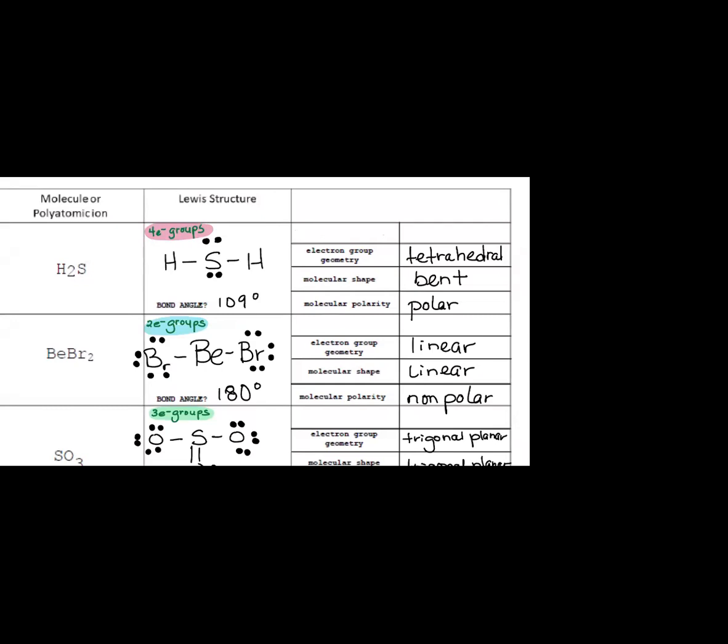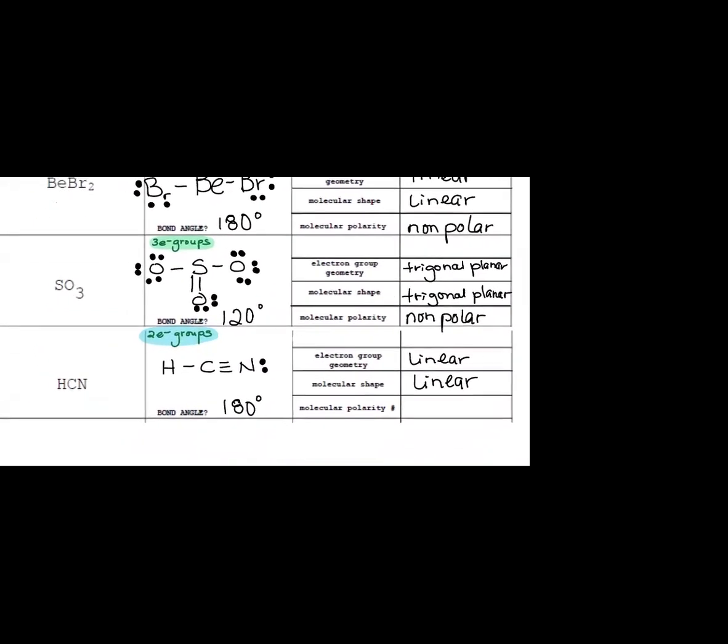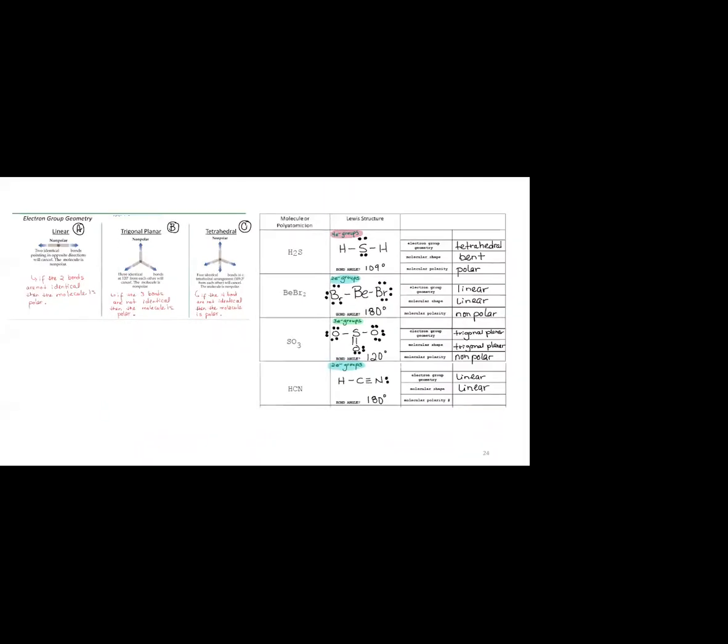Let's look at the last one, you guys. Okay? So based on the rules that we have gone over, what letter for the rules for molecular polarity do I have to look at? A, B, or C? Excellent. Letter A. Why letter A? Because my electron group geometry is linear.